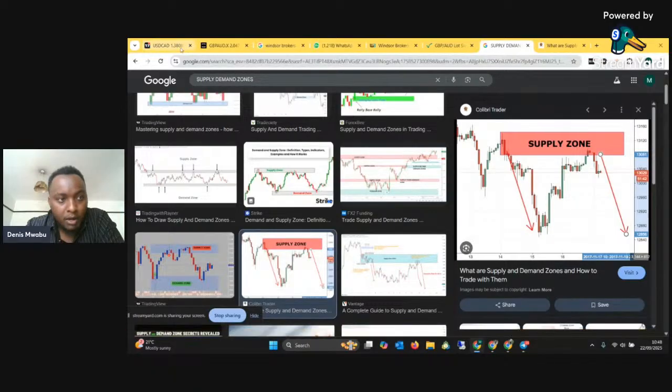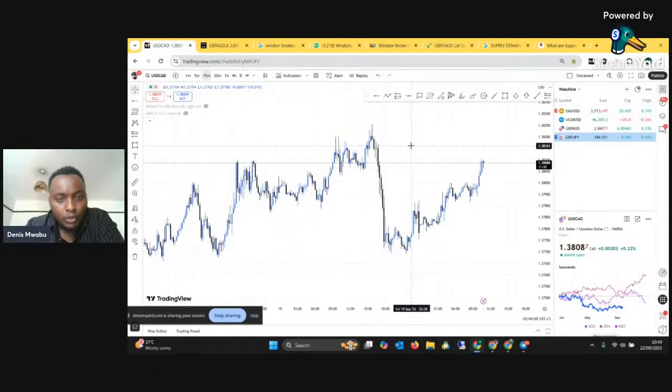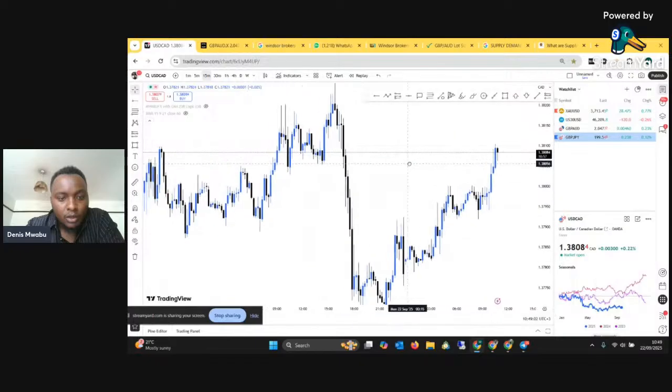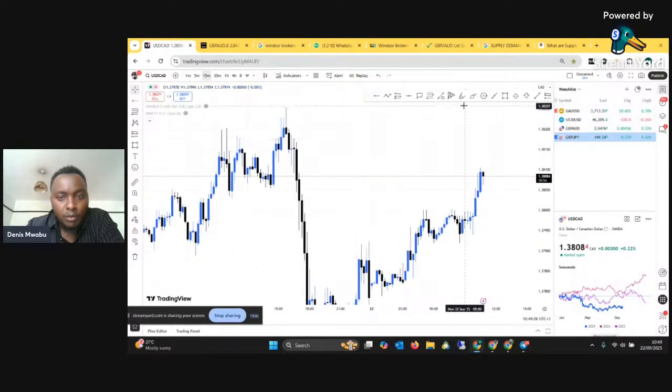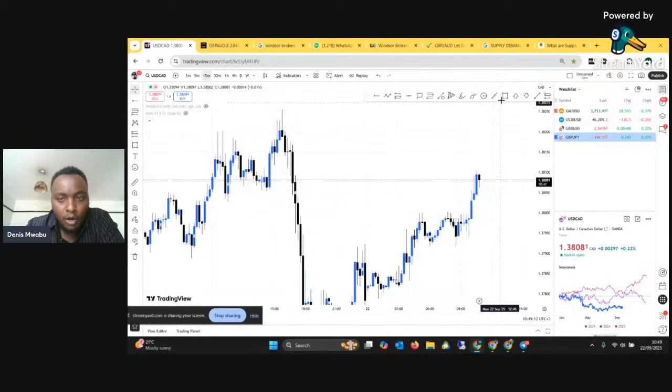Okay, so if you come back here on USD card, the previous contrary candle that caused this whole move, you can be able to see it is this candle. You can be able to see there's a blue candle here. There's also another candle before the move got started.